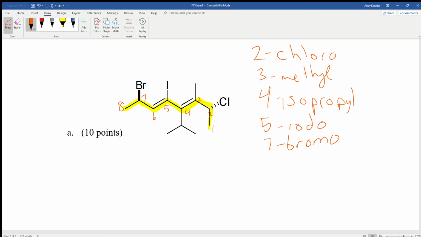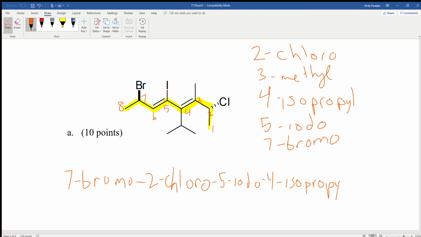So we can now alphabetize these, which gives us 7-bromo, 2-chloro, 5-iodo, 4-isopropyl, 3-methyl, and then our parent name, which is octane.